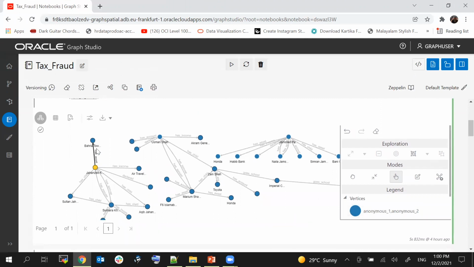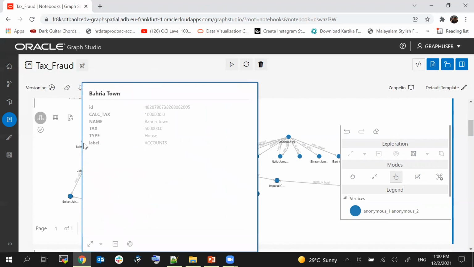So let's take a quick look at what it has generated. To start from the extreme left, we can see that there is a person by the name Jahansep, and we can see an edge, and the edge is called by the name has_asset, which basically stands for this person has invested in a property which is called Bavaria Tower.